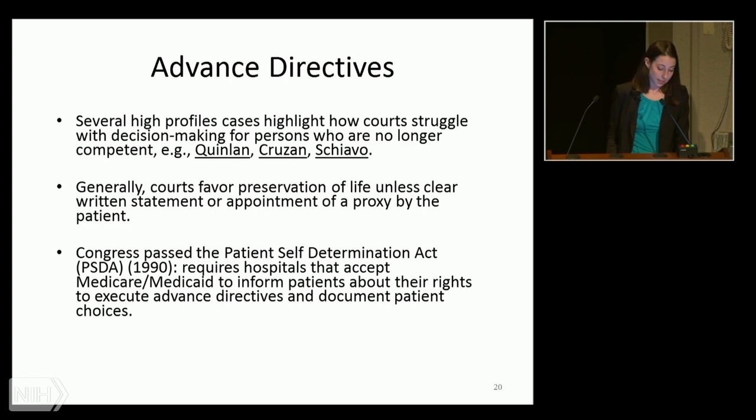It was remanded to the state courts for ultimate decision, and what happened was the state withdrew its claim and essentially ceded to the family to make the decision that the family felt was in the preference of Ms. Cruzan.